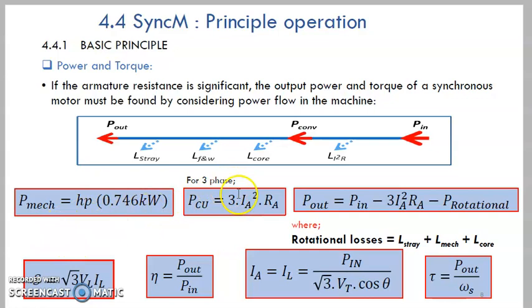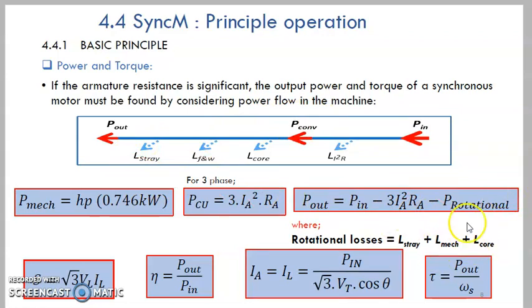So for 3-phase, the mechanical power, we multiply the horsepower by 746 watts per horsepower, so we get the mechanical power in watts. The copper loss is 3 times the current per phase we measure times the resistance of the phase, so 3 I squared R. How much P out we gain is the amount of P in minus all the related losses: the copper loss and the rotational loss.